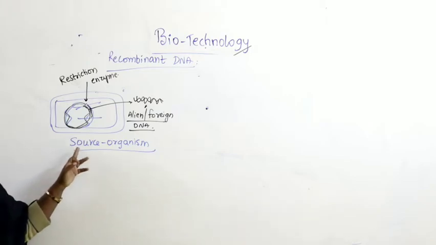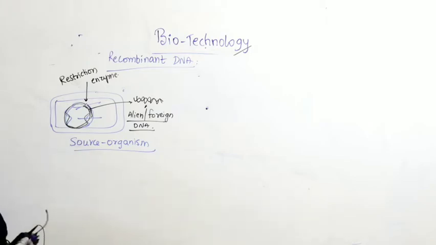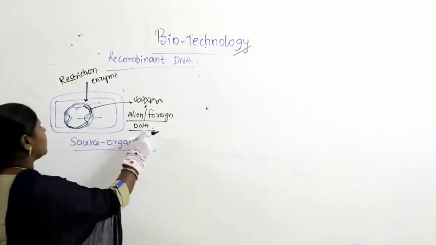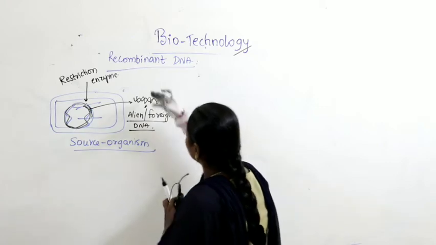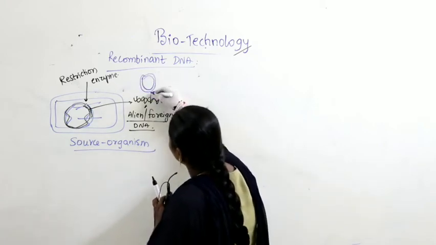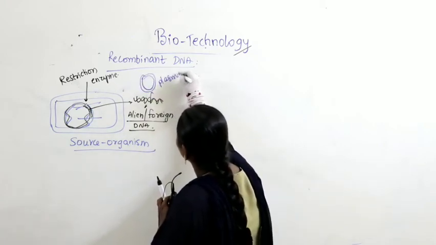So when we take the host source organism, what we find here is nothing but alien DNA, or we call it foreign DNA. Now this, with the help of plasmid, is introduced into plasmid.